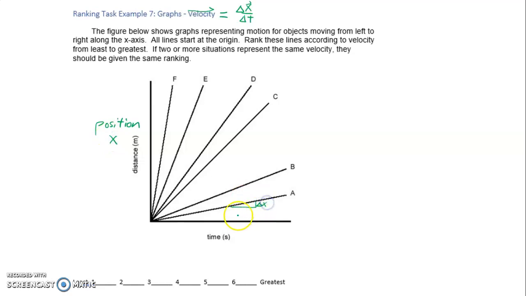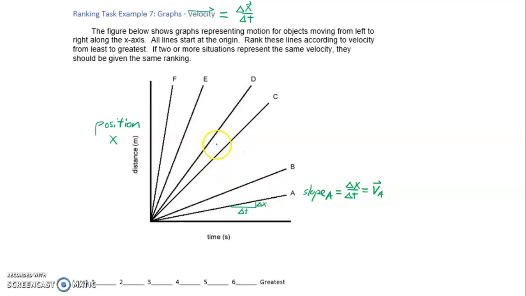So that's delta x over the run, delta t. So the slope here is equal to delta x over delta t, and that is the velocity of A. So it has a small slope, and therefore it has a small velocity.